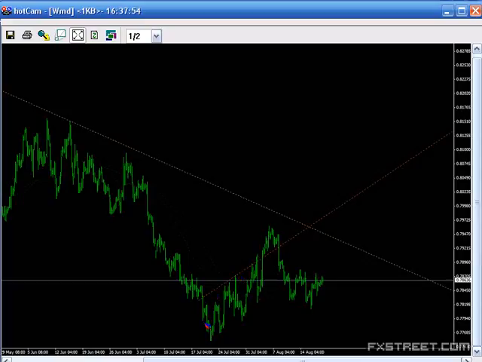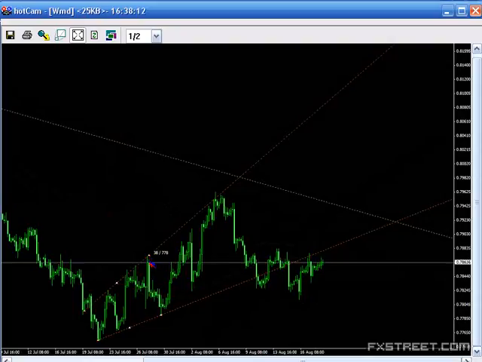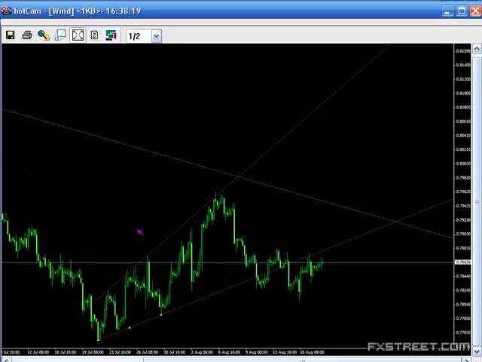On the Euro GBP, we had a broadening structure. You can see that broadening structure there. Quite often this is something that happens after a significant trending move. So if we're looking at the Euro GBP, has there been a significant trending move?